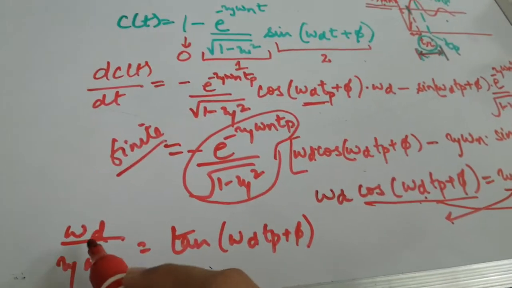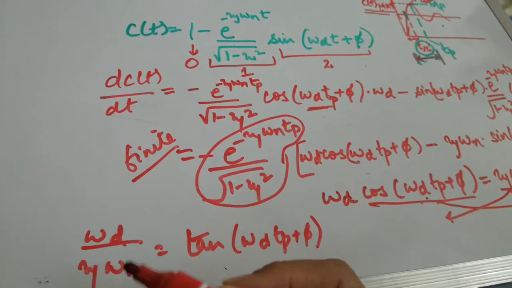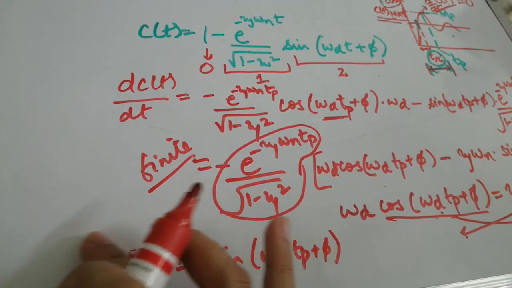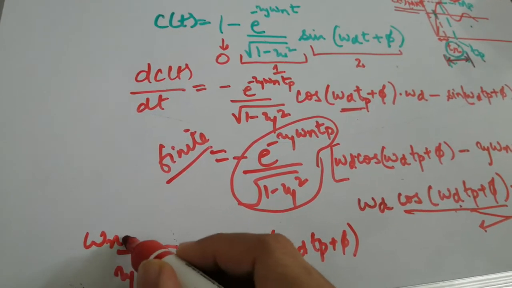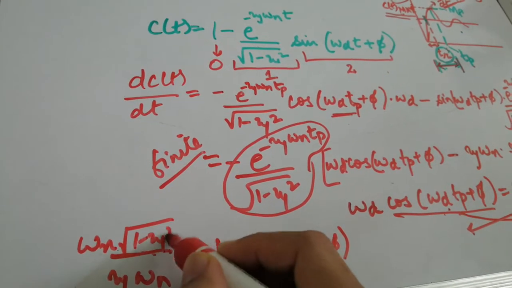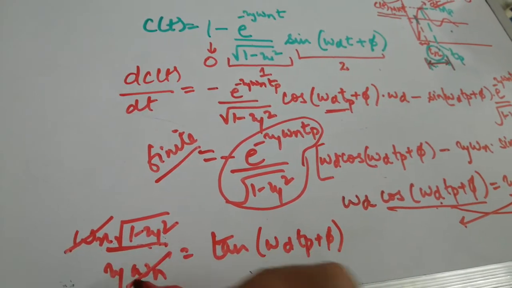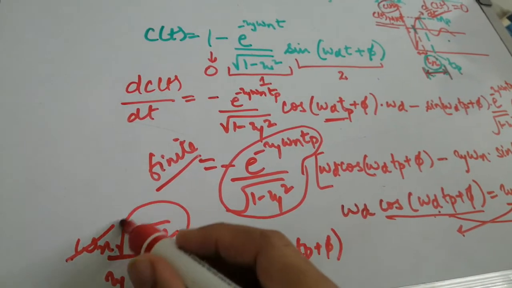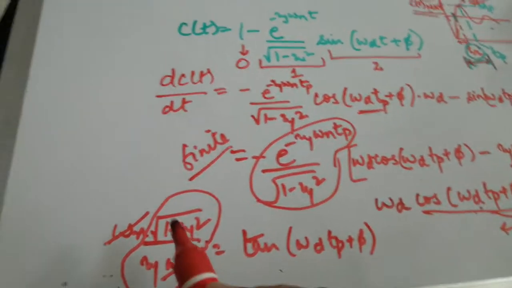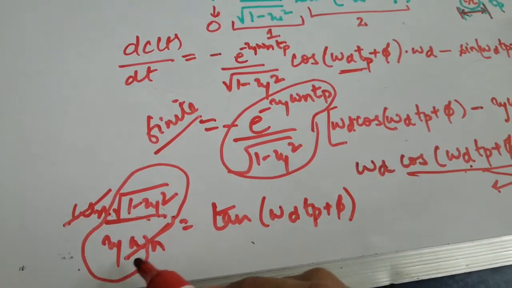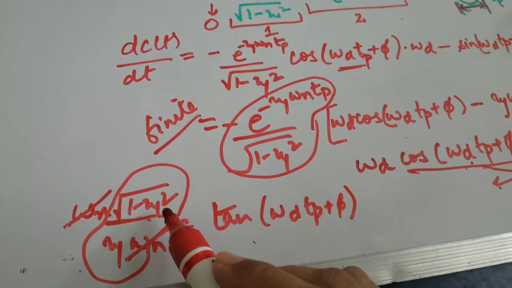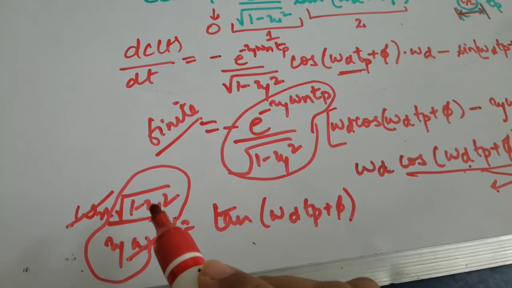So now again omega d, we all know what the full value of this omega d was. We have to expand it to make it omega n under root of 1 minus zeta square. The omega n cancels out and we are left with this. And I already told you to put it in brackets and highlight this thing, because we are going to use it again.